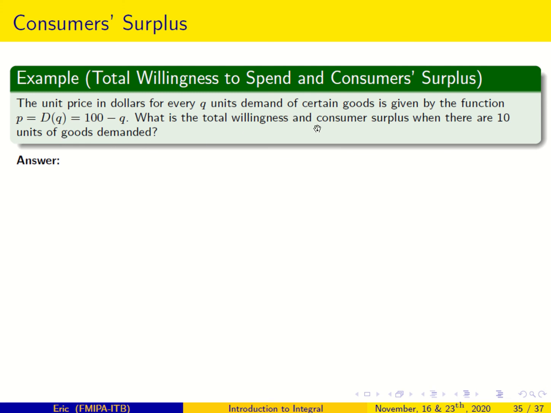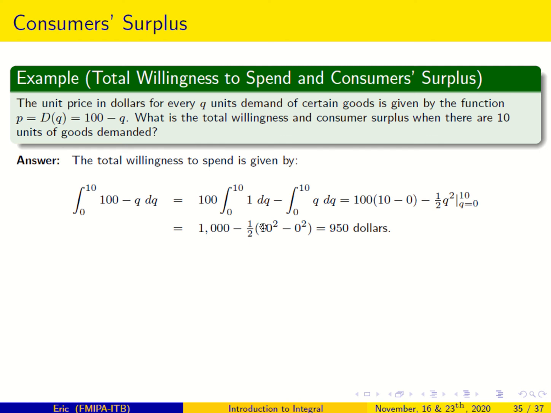Total willingness to spend is just the integral of 100 minus Q from 0 to 10. Using the properties and the formula for the definite integral, I have $950. So the total willingness of a consumer to pay for 10 units is $950.